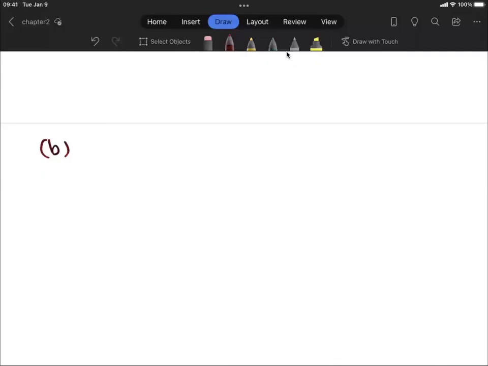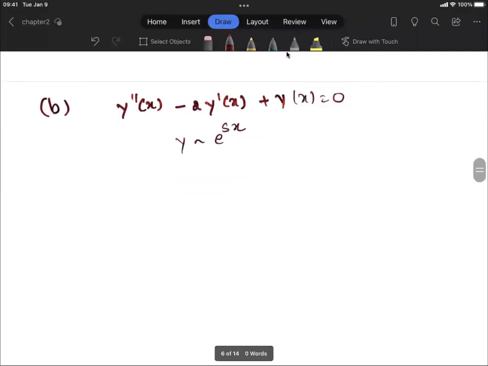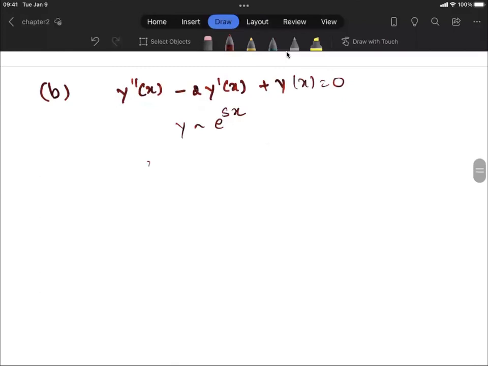Now in part B, all we have to do is solve the differential equation. Let's assume y is of the form e to the power sx. So that's going to give us s squared minus 2s plus 1 equals 0.